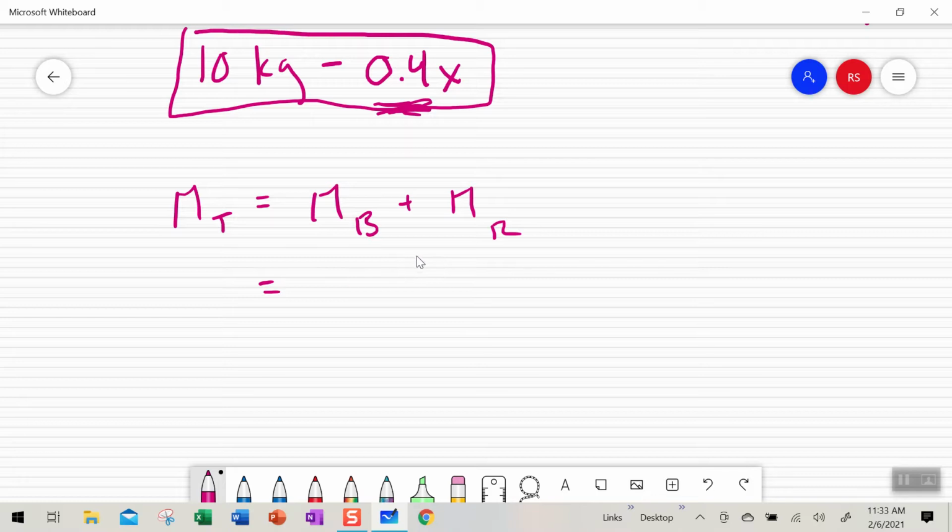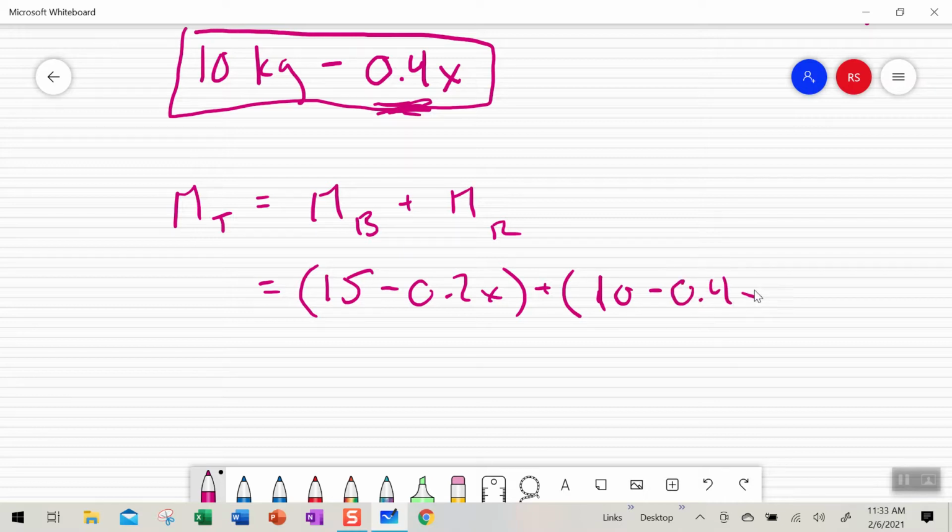The mass of the bucket was 15 minus 0.2x, and we add to that the mass of the rope, which was 10 minus 0.4x. Let's simplify that expression. 15 plus 10 is 25, and we have minus 0.2x and minus 0.4x, so that's minus 0.6x. So that is our total mass.